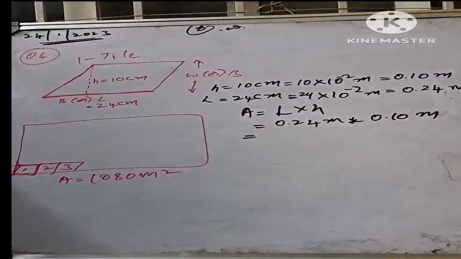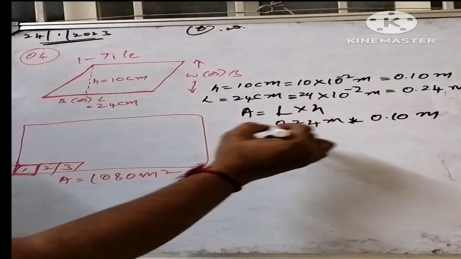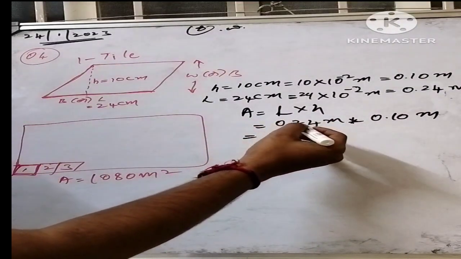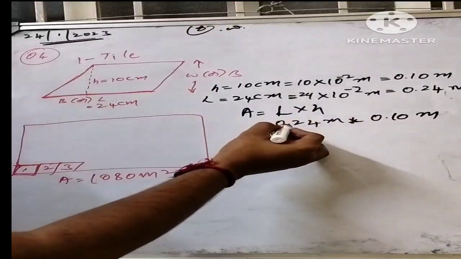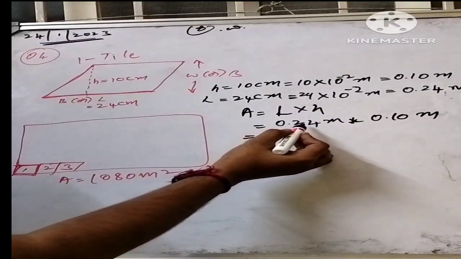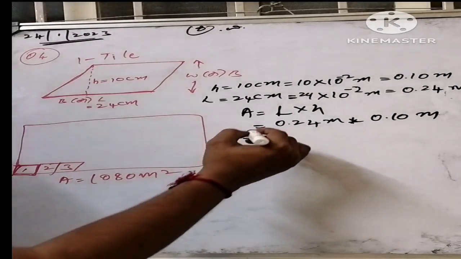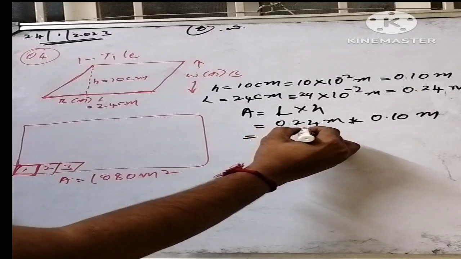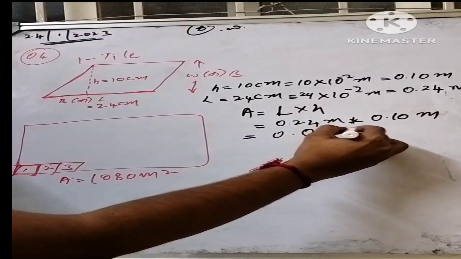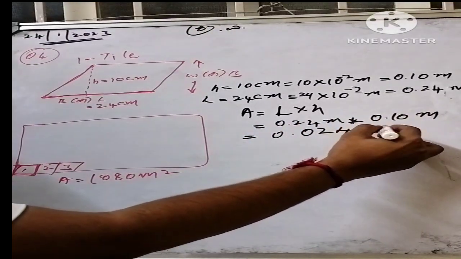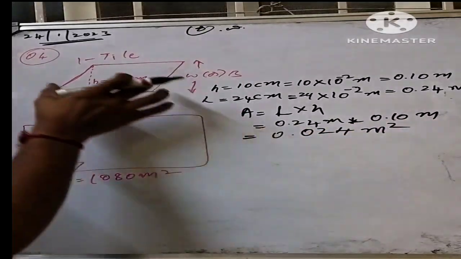When we multiply 0.24 and 0.10, I will teach how to multiply decimals in the next video. Now just see the problem. Multiplying 0.24 and 0.10 gives 0.024 meter square. This is the area of the single tile.